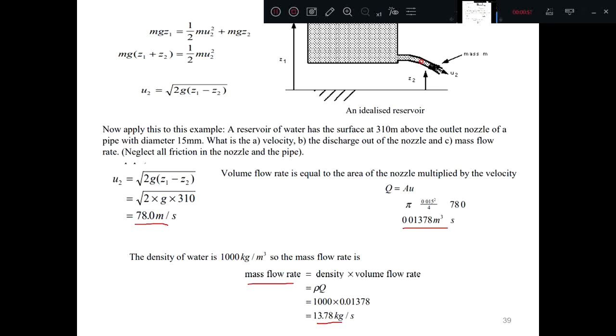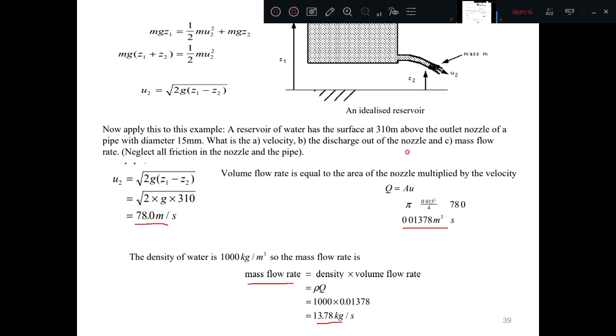If the pressure had been different, there would have been an extra force acting, and we would have to take into account the work done by this force when calculating the final velocity.